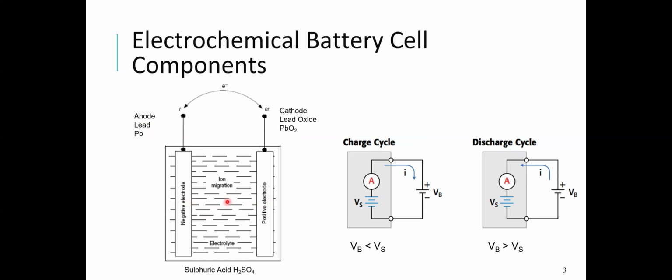Between the two electrodes, we have an electrolyte. In the case of a lead-acid battery, that electrolyte is diluted sulfuric acid, and its formula is H2SO4, so that's sulfuric acid. And we have a separator in between the negative and the positive electrode.